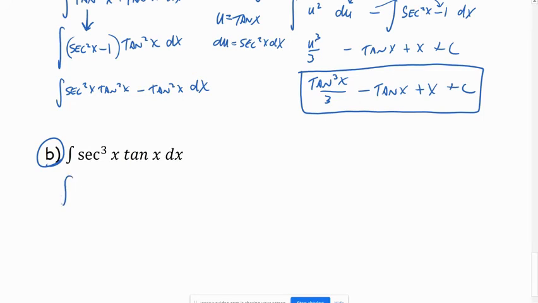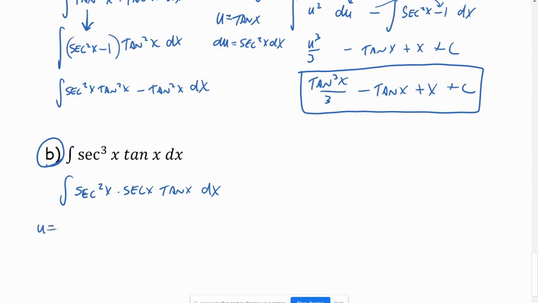Okay, for this one, we can break secant cubed up into secant squared x times secant x tangent x dx. And this one doesn't require any trig identities. We can just use substitution immediately from here because of the secant tangent that we got when we did that.